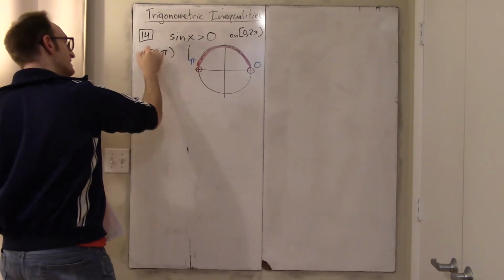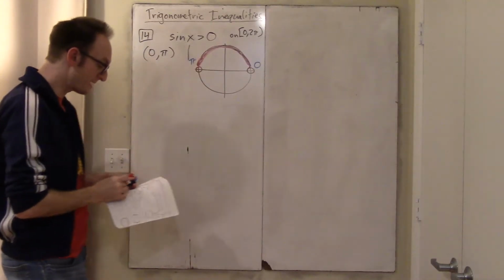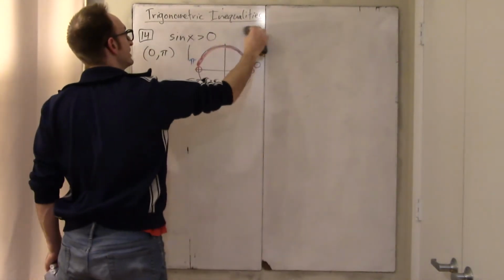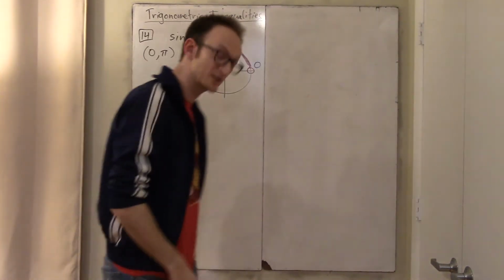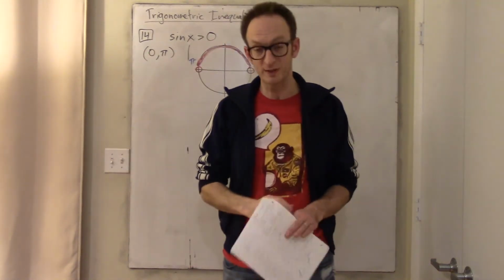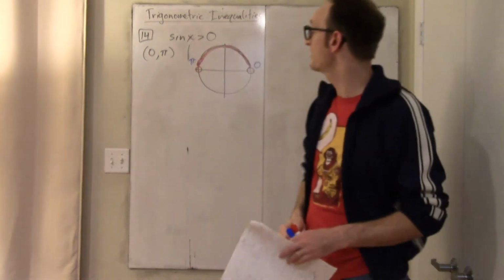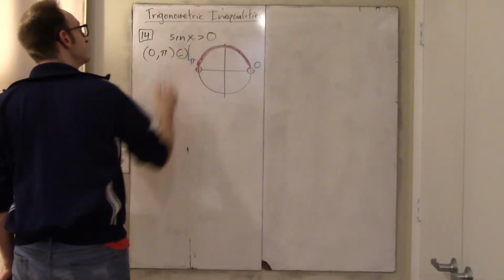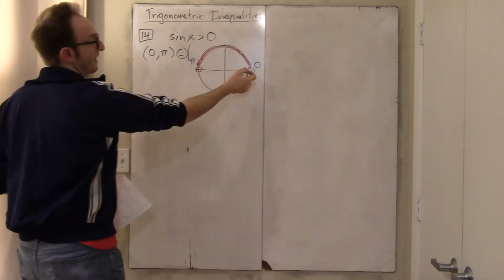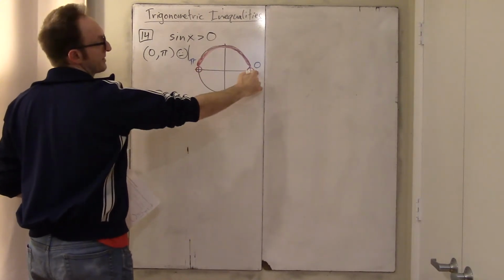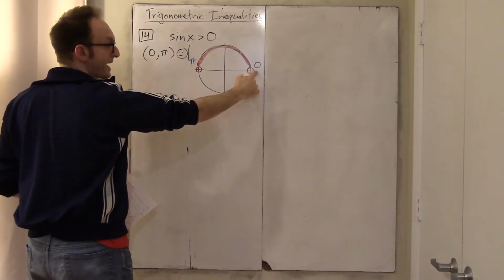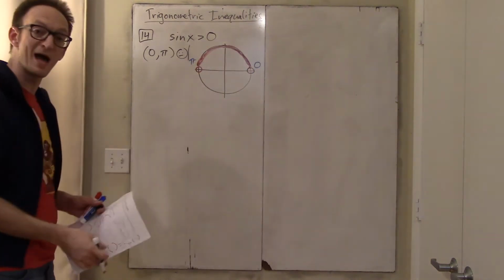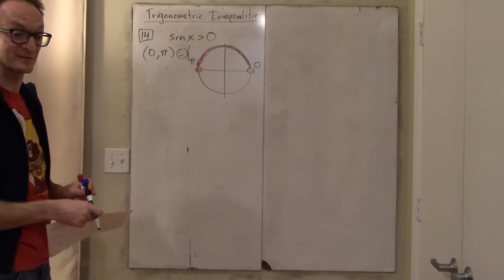So that's kind of an answer, but if that was not a restriction that was given, and instead someone was asking more generally, give me all real numbers for which sine is positive, then 0 to pi is not wrong, however it's not the complete answer, because of course if I go all the way around the circle again, then this is 2 pi, and so all the numbers between 2 pi and 3 pi also have a positive sine.